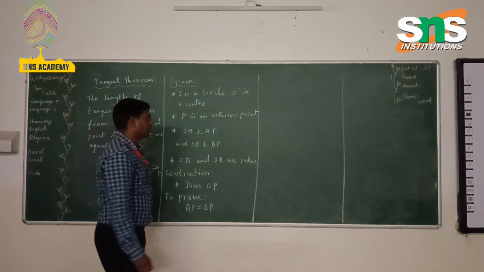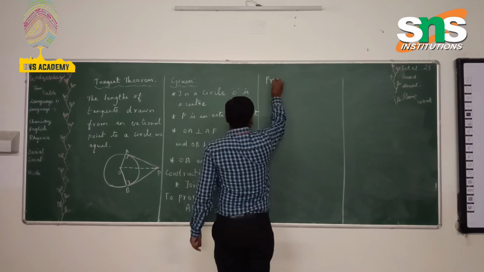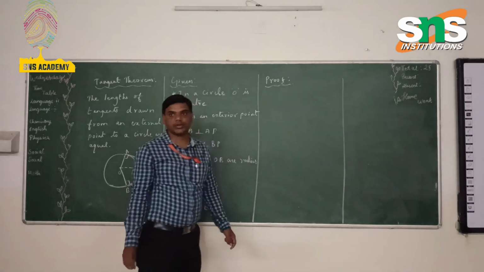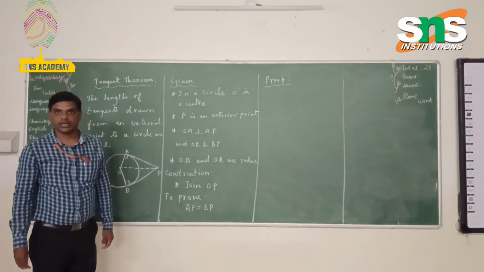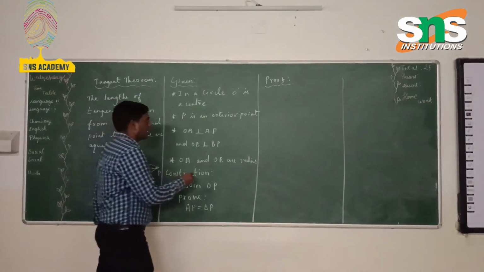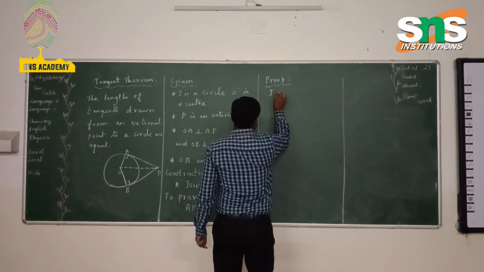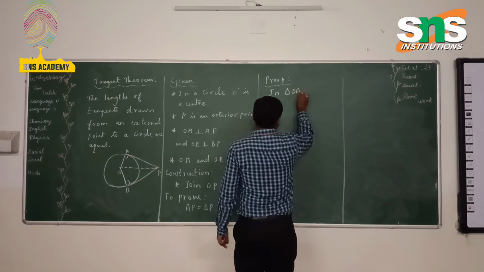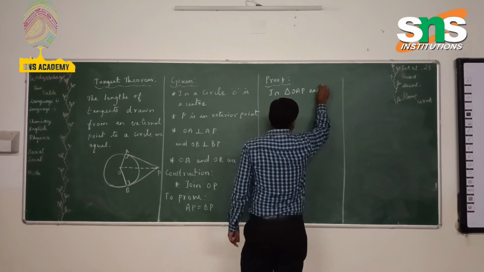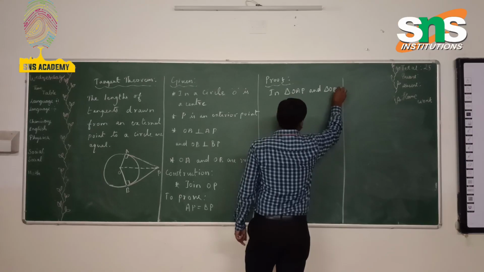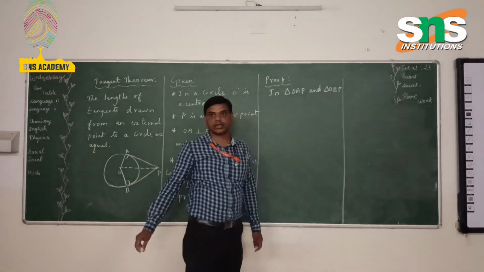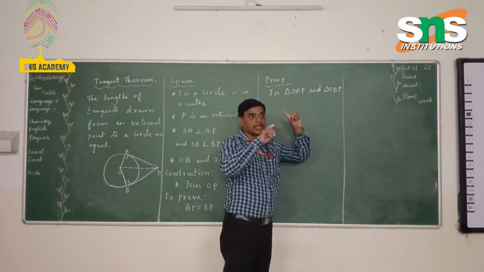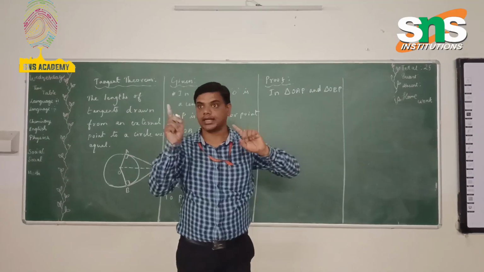Now the proof. It is a very simple one. We will be using congruency. We consider two triangles, triangle OAP and triangle OBP. Already we have seen triangle similarity: in the order in which we take the triangles, in that order only you have to compare the sides and angles.